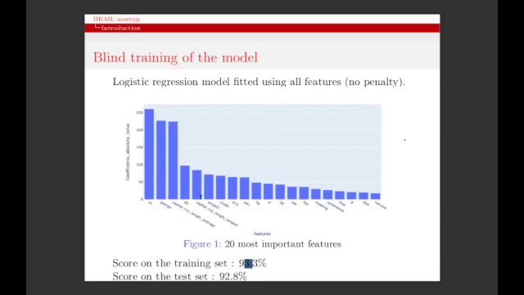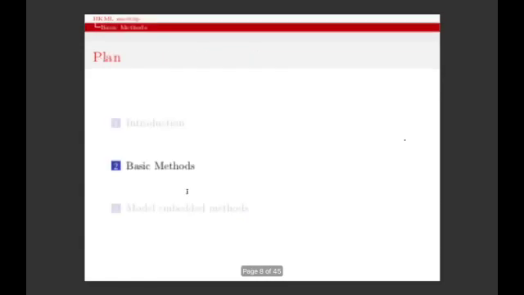But we'll see later that the feature importance is actually quite different when we use other methods than just blindly training a model and looking at which features have the biggest coefficients and defining their importance accordingly.